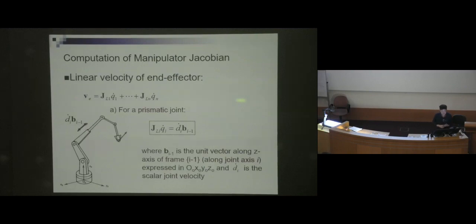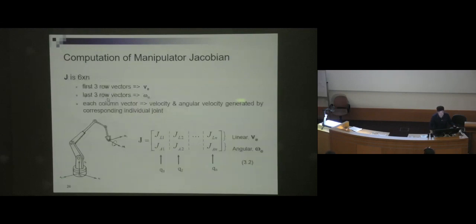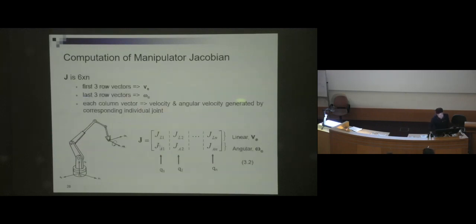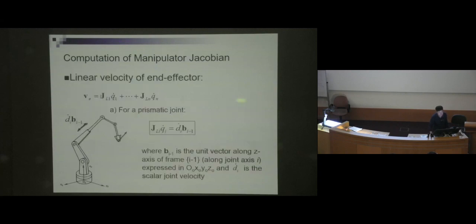We are going on to determine the Jacobian matrix. The first part of the Jacobian matrix that you need to determine is the linear part, for v e. To determine the linear velocity of the end effector, from this matrix we know that v e is equal to J L1 multiplied by q1 dot.